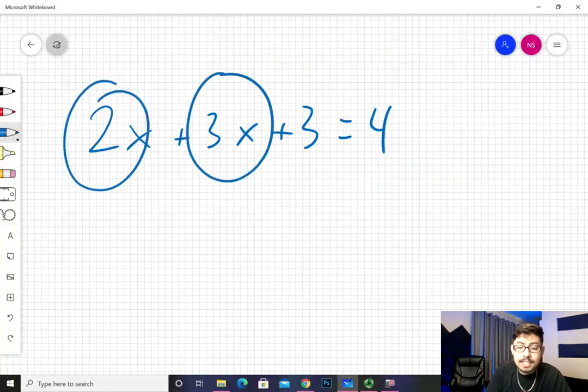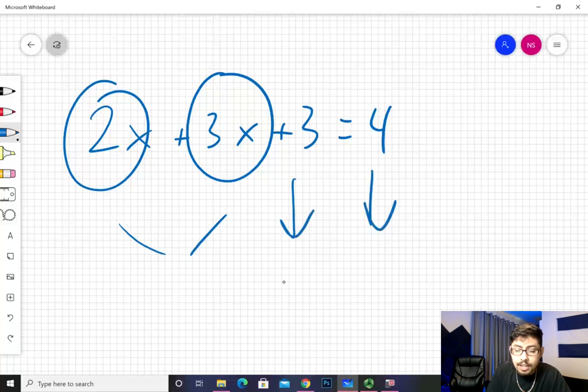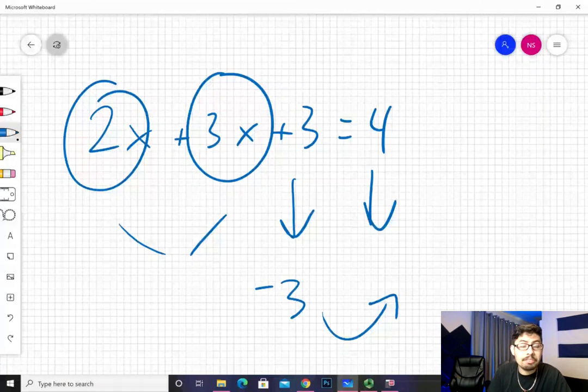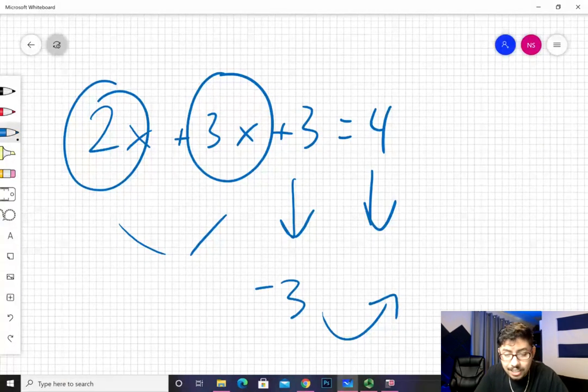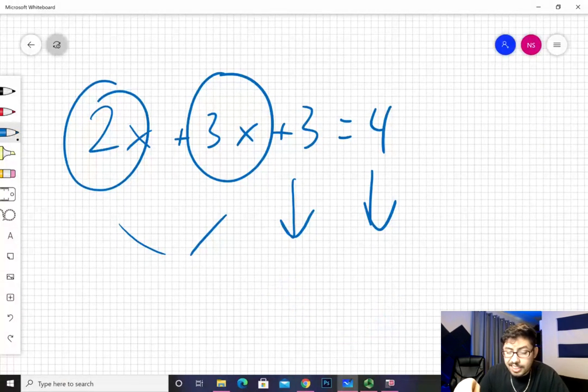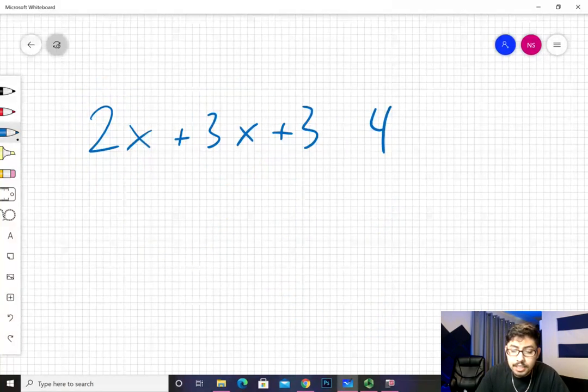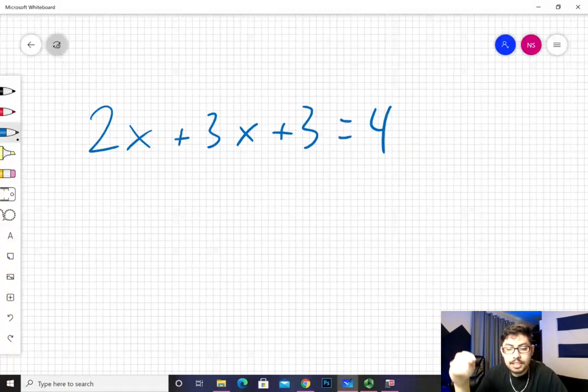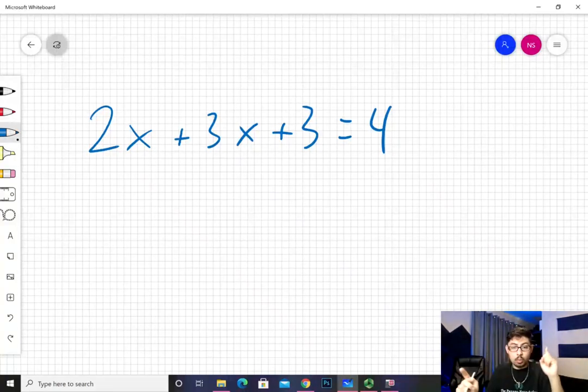You'd combine these, you'd come up with an answer, you'd bring everything else down, then you'd minus the 3 over there, and then you'd divide as your final step, and then boom, you'd have x, right? If this was an inequality, how can you determine this is an inequality? Because of the inequality sign, obviously. So this is an inequality problem. This is a multi-step equation problem. You can see what's what.